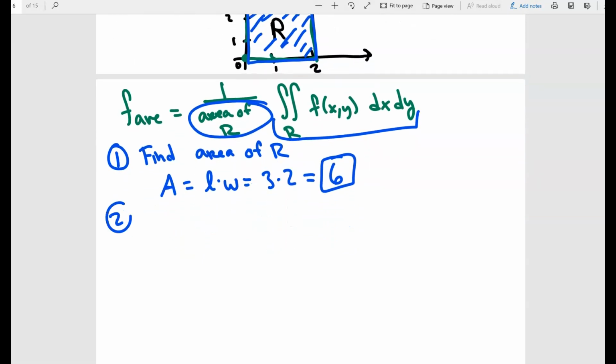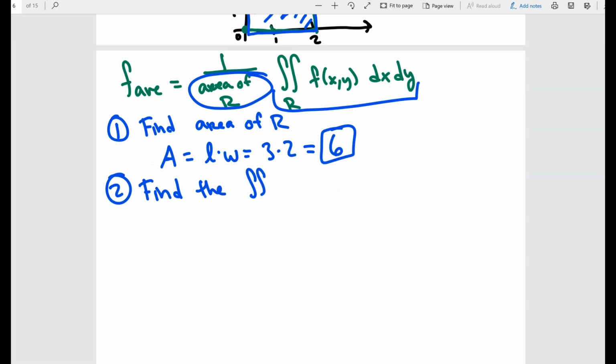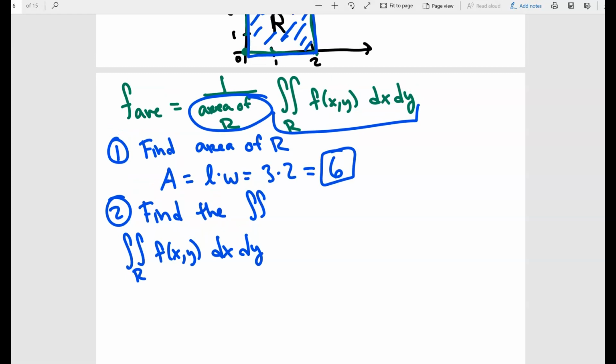So the second thing is to find the double integral. Okay, so we have the double integral over the region R, f of x comma y, dx dy. Now if you just want to follow this x and y, you can do it, or you can just flip them.